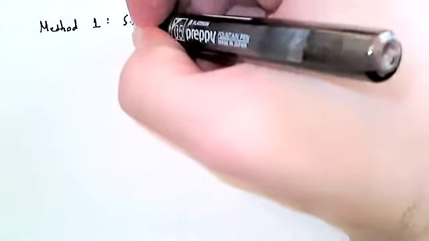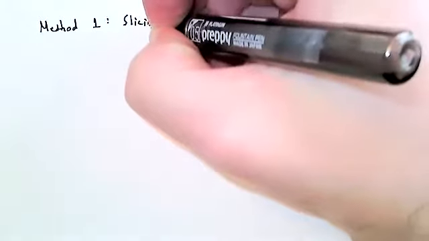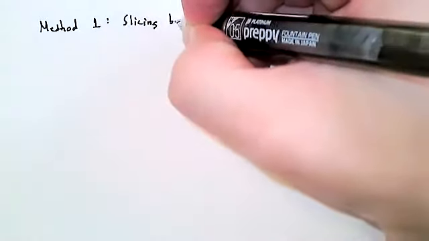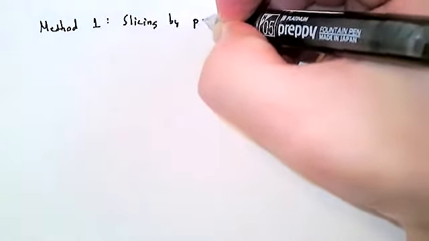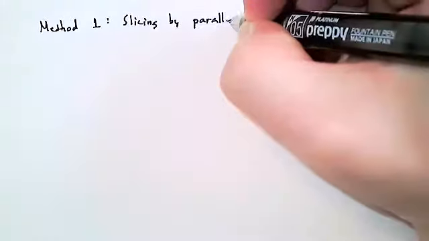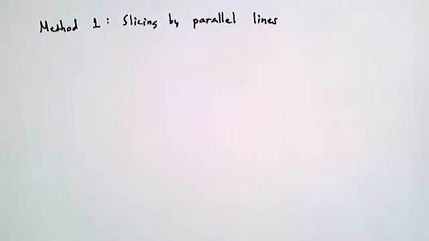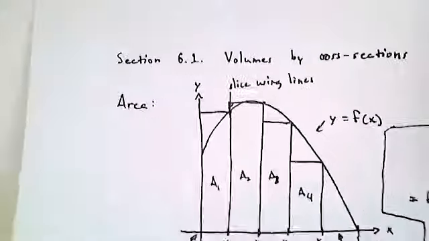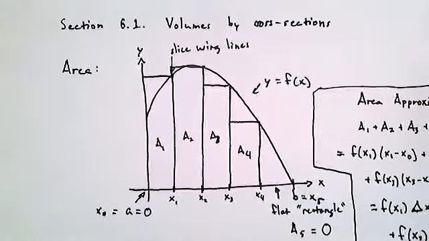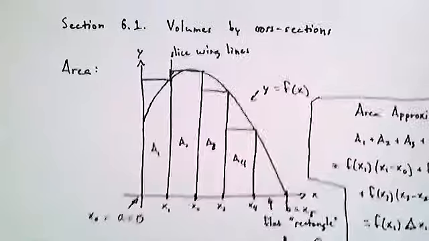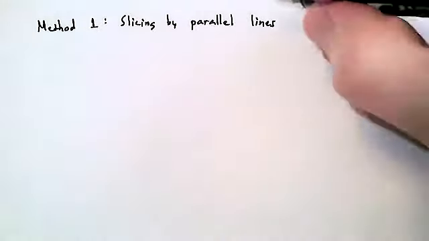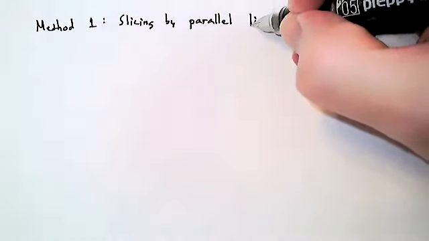Okay, so the first thing that we're going to talk about is slicing by parallel lines. And I'll explain as we go along. So I mentioned, oops, I shouldn't say lines here, excuse me.